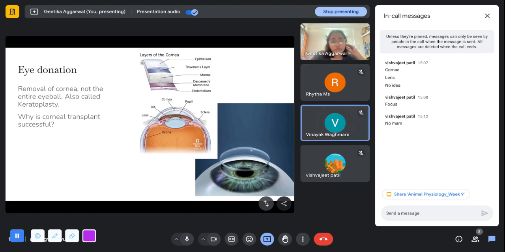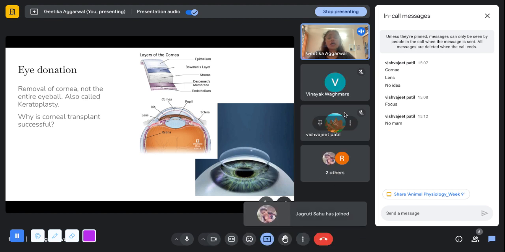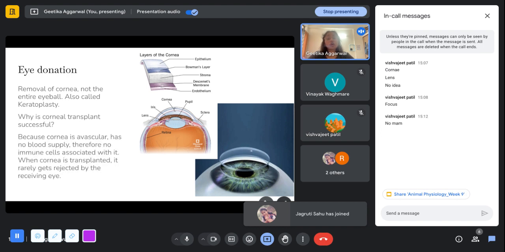So why is corneal transplant successful, or why are doctors able to do this surgery? Because whenever we talk about organ transplantation, it's mostly very difficult, and you either have to take the organ from your family members or from the same blood group, and something or the other is always happening with organ transplant. But corneal transplant is not like that, and it's mostly successful because, as we discussed, the cornea is avascular.